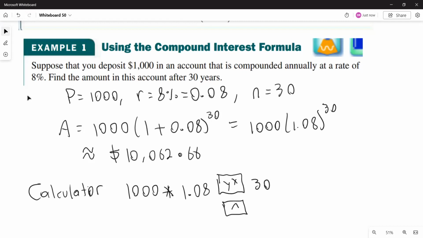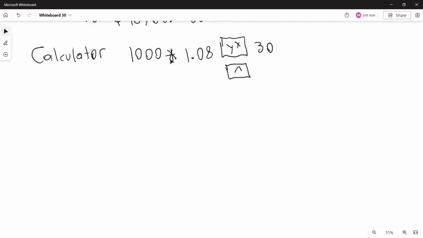Okay, another example. That's number 6, at the end of the section on page 347. So we have all this description that I'm going to copy.